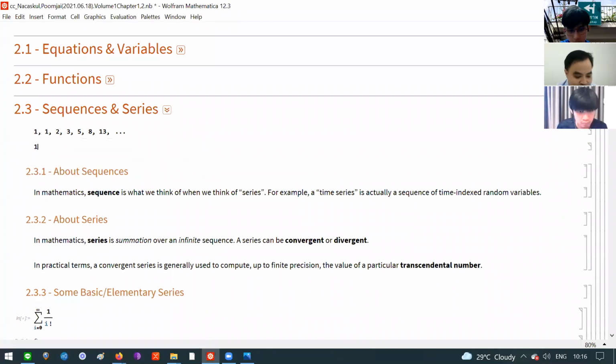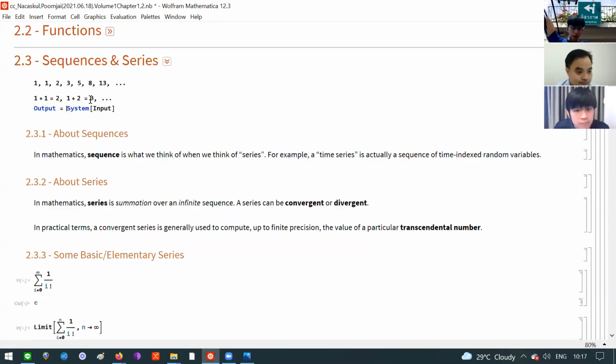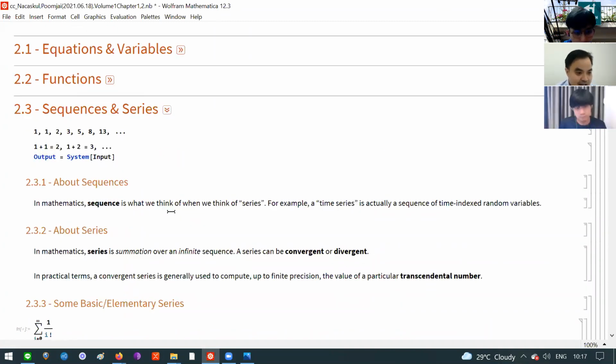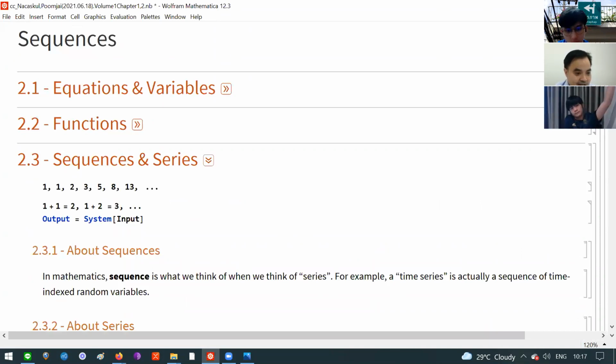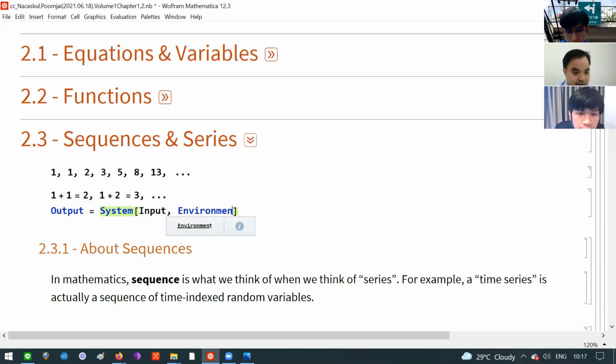Whereas you say something like 1 plus 1 is equal to 2, and then 1 plus 2 is equal to 3, and so forth, like a Fibonacci, what you would have is some kind of system, and you have some kind of input, and then you have output is equal to some kind of system times input, and then some kind of environment state, something like that.